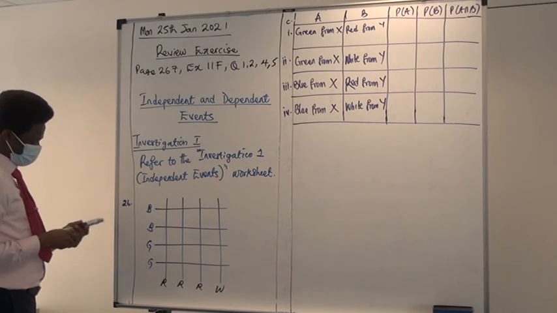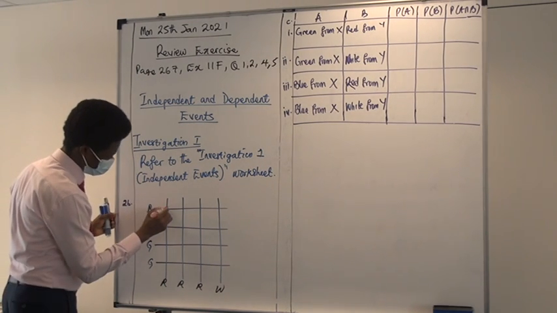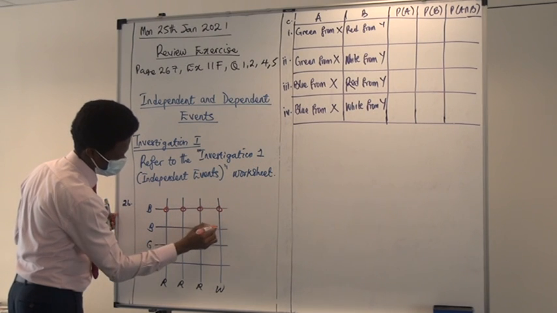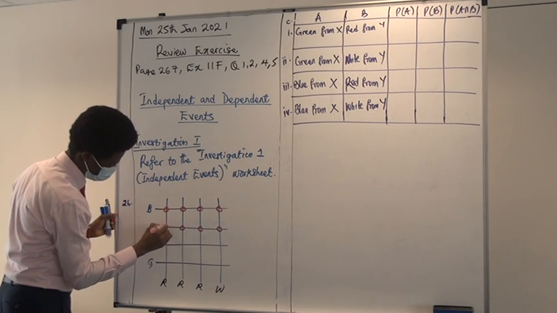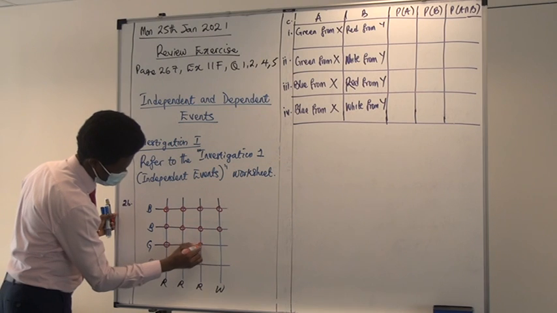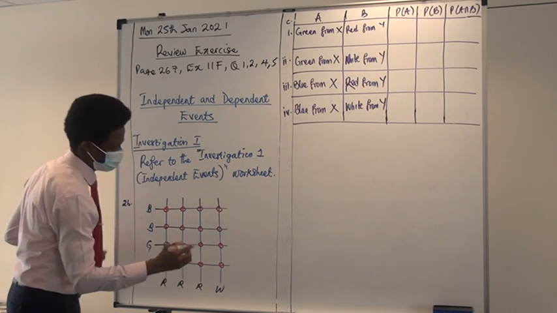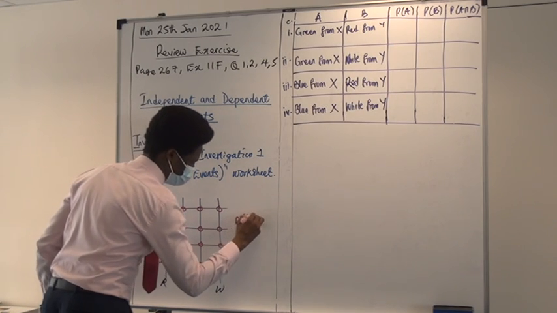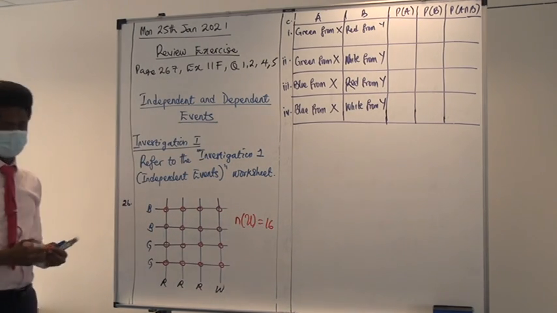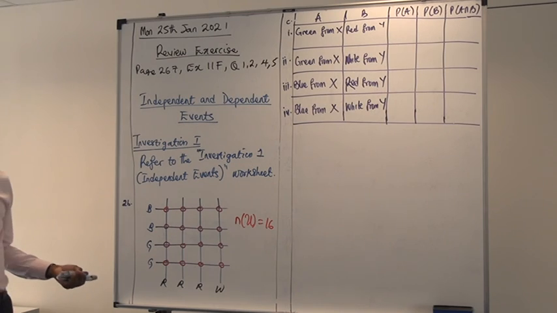So the sample space consists of their points of intersection. Can someone tell me what is the cardinality of the sample space? 16. So the cardinality of the sample space is 16, so whatever you do is divided by 16.